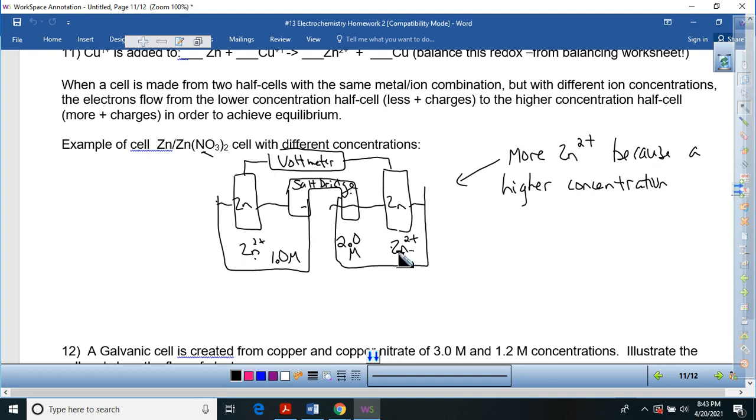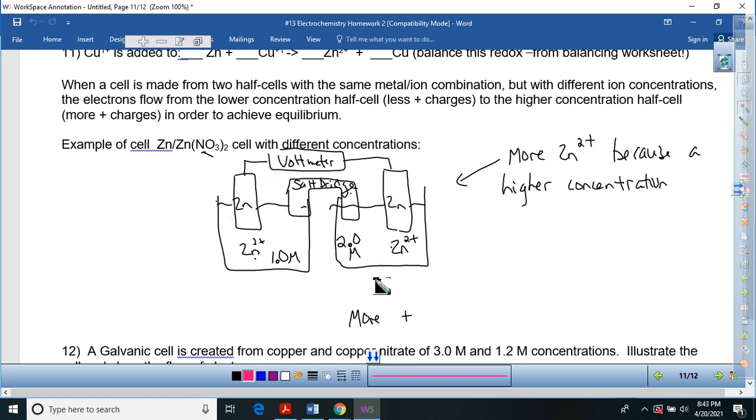That means there are more positives on this side because we have more positive ions. We have twice as many of these positive ions because we have twice the concentration. And so because we have more Zn2+, the electrons are going to flow over in this direction.